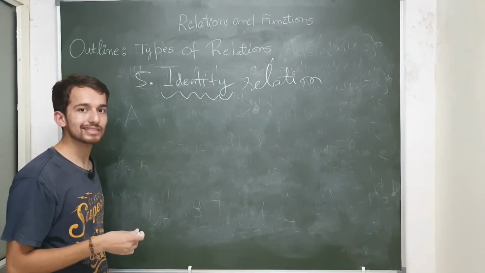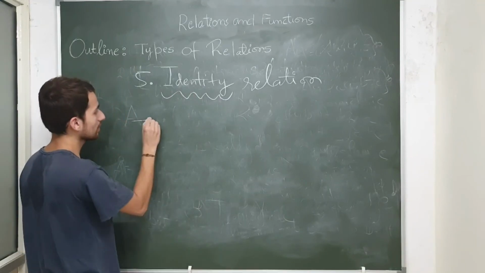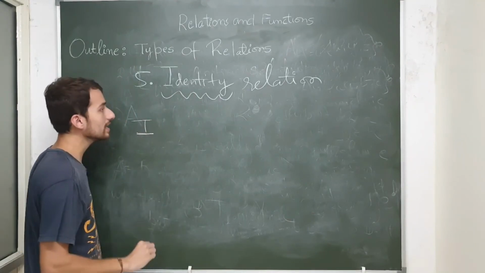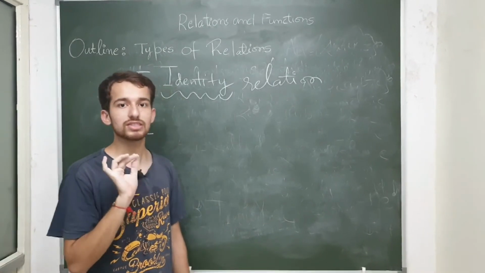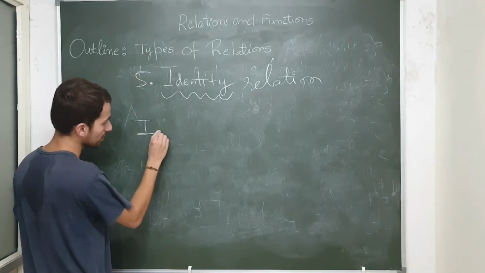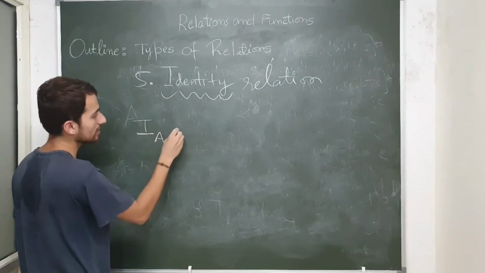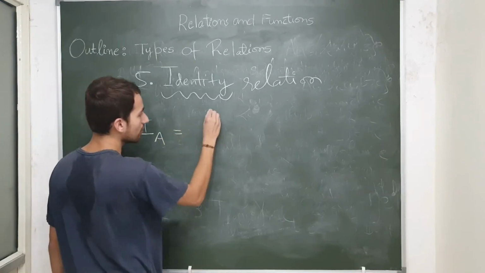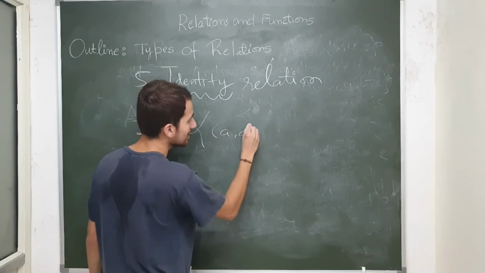There is a standard notation to define an identity relation. Suppose I call it I_A, and that set A is the same set on which this relation is defined. This is called an identity relation if in this relation we have only these ordered pairs.